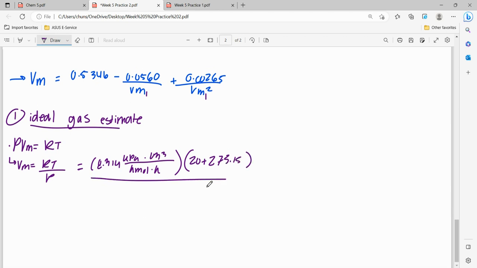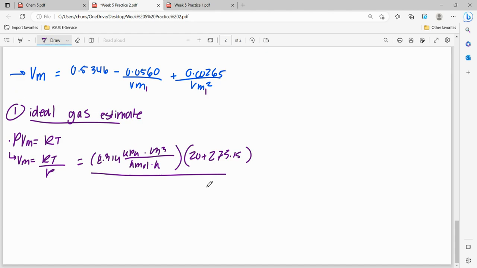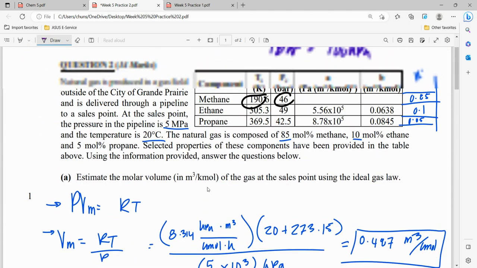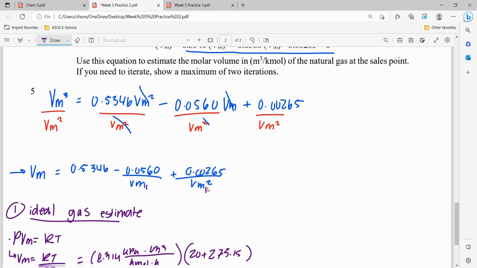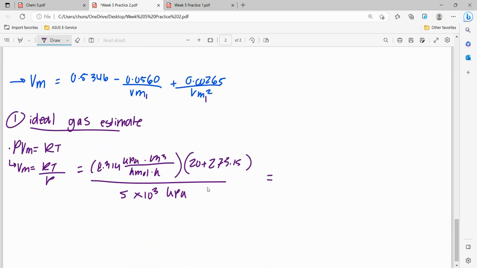And our pressure in kilopascals was 5.6, I believe, or just 5. Yeah, it's 5 megapascals. So that makes it 5 times 10 to the 3 kilopascals. Because we want it in meters cubed per kilomole, the units are consistent.